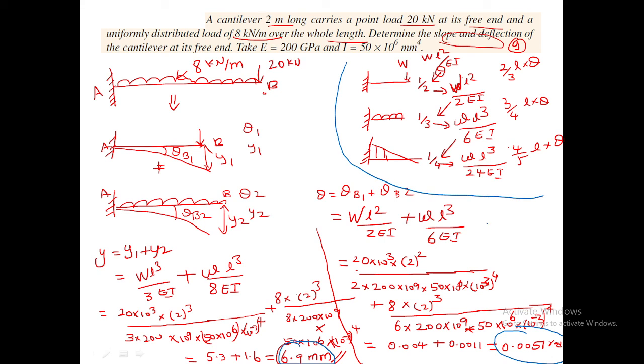You only need to memorize W L squared divided by EI, then 1 by 2, 1 by 3, 1 by 4 for the slope. For deflection it is 2 by 3, 3 by 4, 4 by 5 into L multiplied with the corresponding slope. This is enough to solve any problem for a cantilever beam. Okay, thank you.